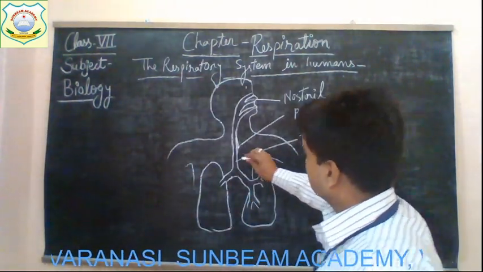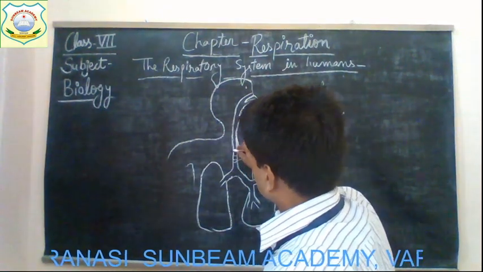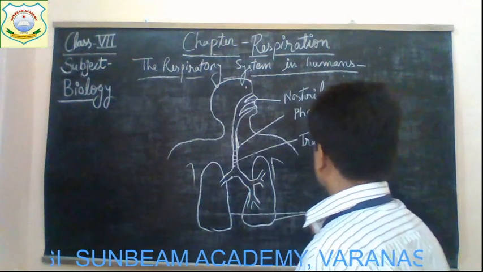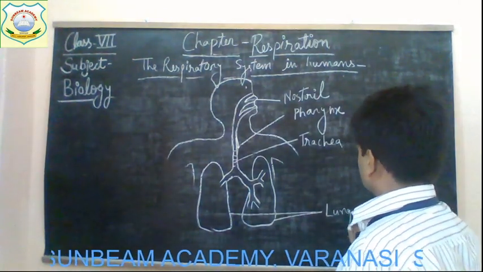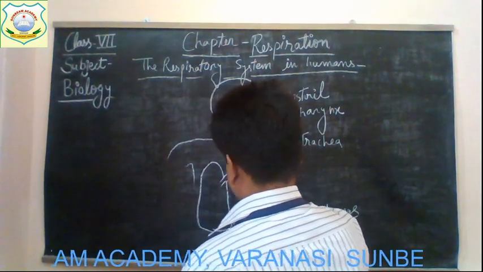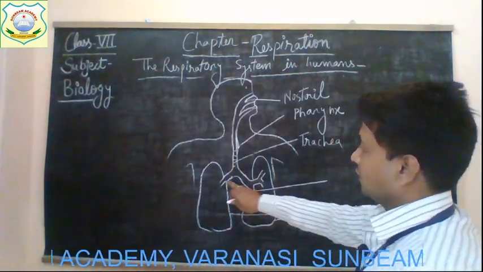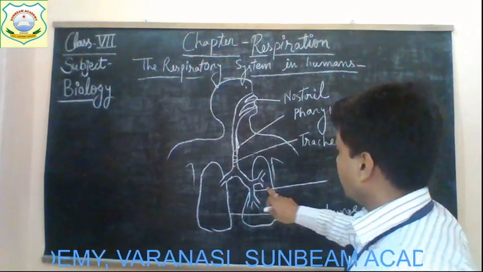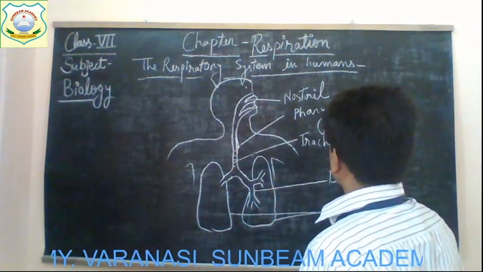Alright, children. This one is trachea, and these are the two lungs. The bronchi get divided into many branches, and these are known as bronchioles.